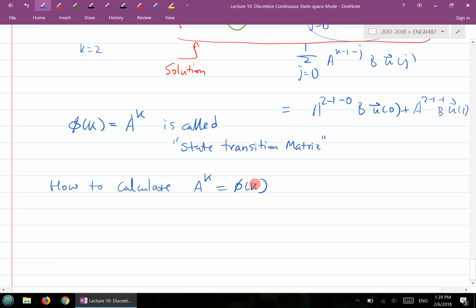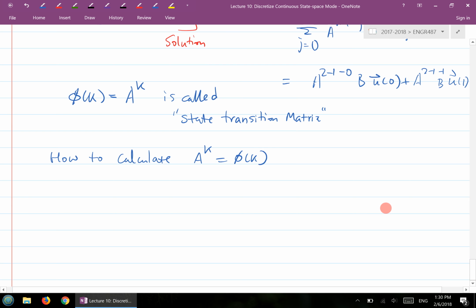If I ask you to calculate this A to the power k when k equals 100, well, if you're at a math level, it's fine. You can multiply the matrix 100 times and you get the result. But that's probably not the smartest way to do it. What we really want here is to obtain an analytical expression for this A to the power of k.